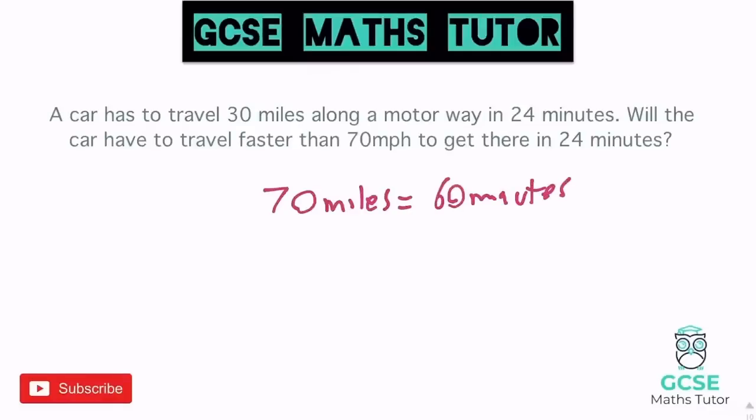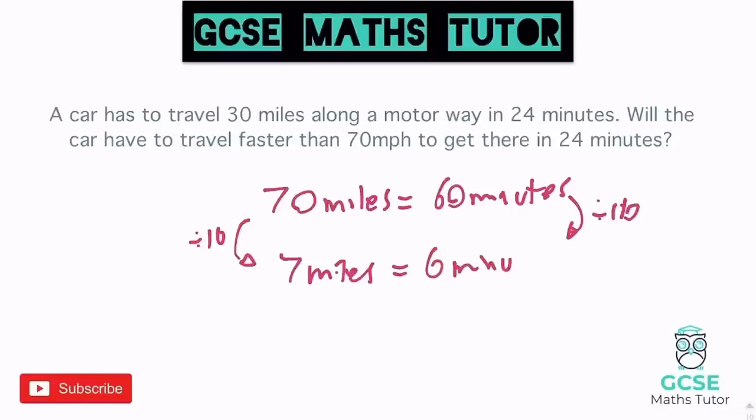Now what we can do is we can actually start to break this down. So if I have a look, what can I divide both sides by? If I can divide both sides by 10, that would mean I would go 7 miles in 6 minutes. Okay, dividing that by 10 as well. So you can have a look to see if you can ever break these down this way. So 60 divided by 10 gives us 6 minutes. There we go. Now it says we've got to go 30 miles and we've got to go there in 24 minutes.